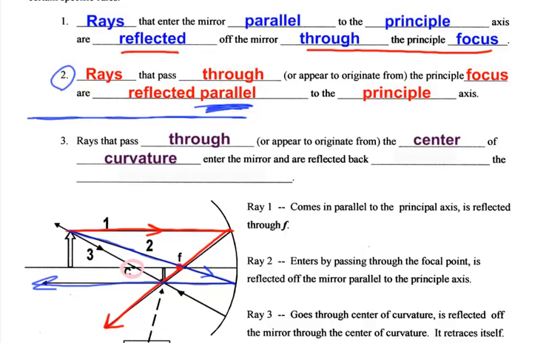There's our center of curvature. So light that passes through that, that's our ray 3. When it hits the mirror, it's going to reflect back through the center of curvature. So our light is going to take the exact same pathway it came in on, going out and coming in the same pathway.